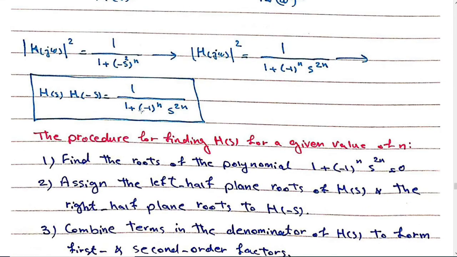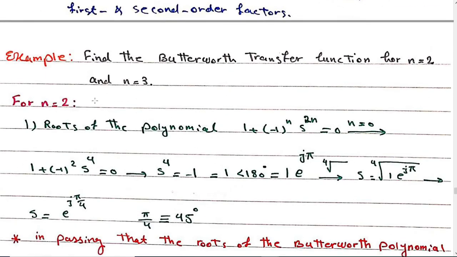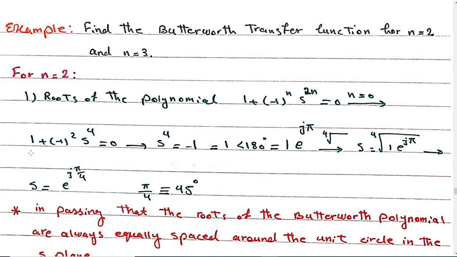Find the roots of this polynomial. So now because n is 2, sorry, you just correct over here, n is 2, not 0 as in my notes. So if n is 2, we have 1 plus (minus 1) squared s to the 4.